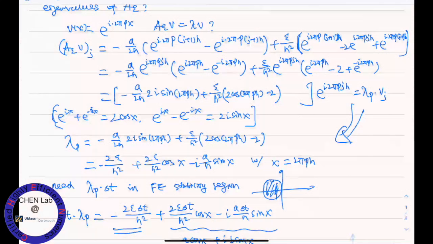So what is a cosine x plus i b sine x? If a is equal to b, this is like cosine x plus i sine x. As x goes through all the values, it is just a unit disk.